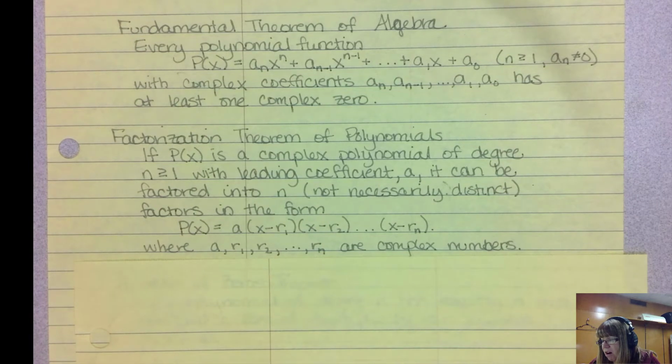And these r values, including the a, are complex numbers. Now, these aren't necessarily distinct values, but they are complex values.